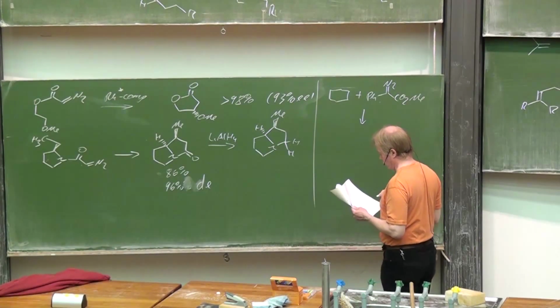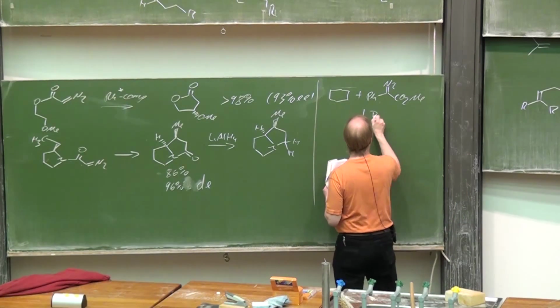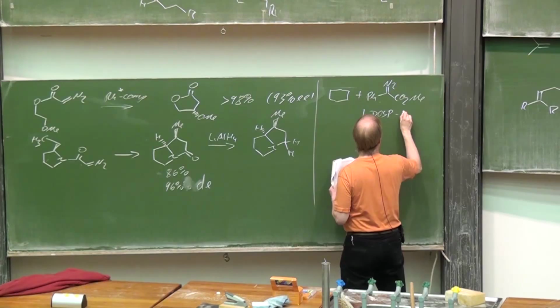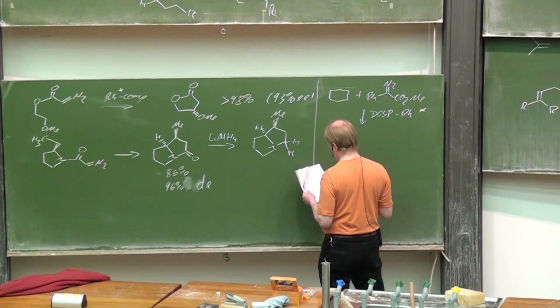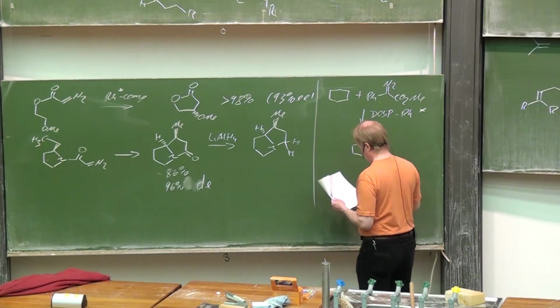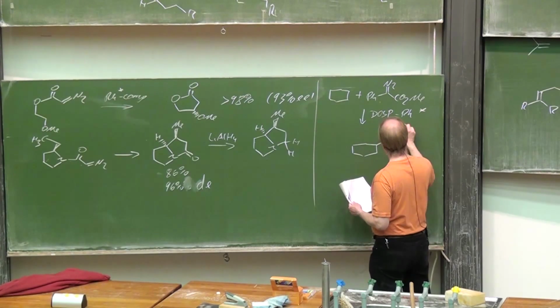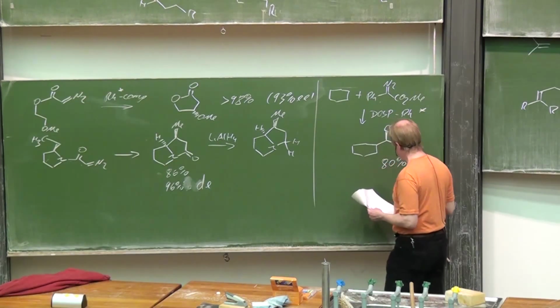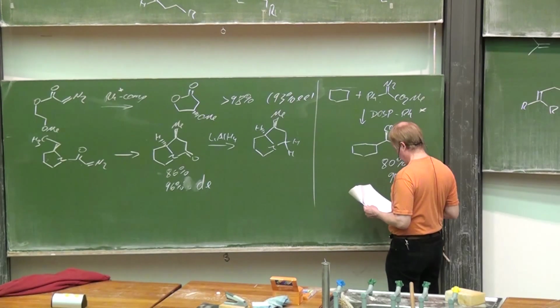This DOSP rhodium complex applied as catalyst. % yield with 95% EE.